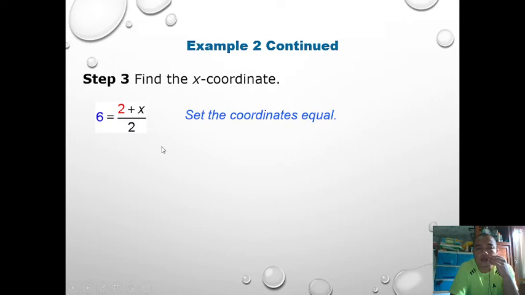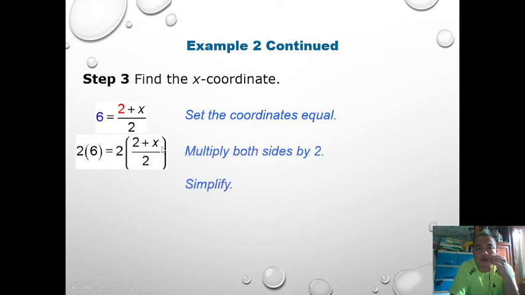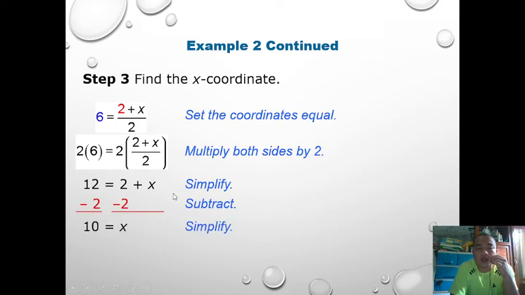Multiply both sides by 2. That will become 12 is equal to 2 plus x. Then solve for x: 12 minus 2 is 10. x is equal to 10. So the x coordinate of the other endpoint Y is 10.